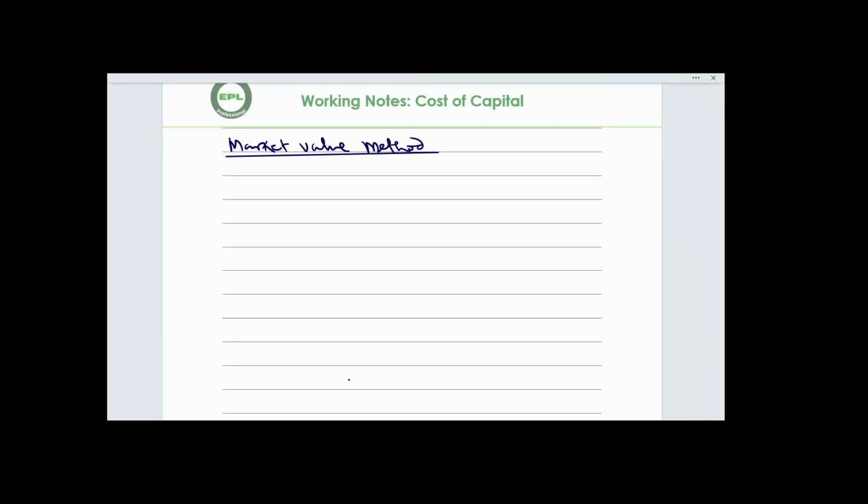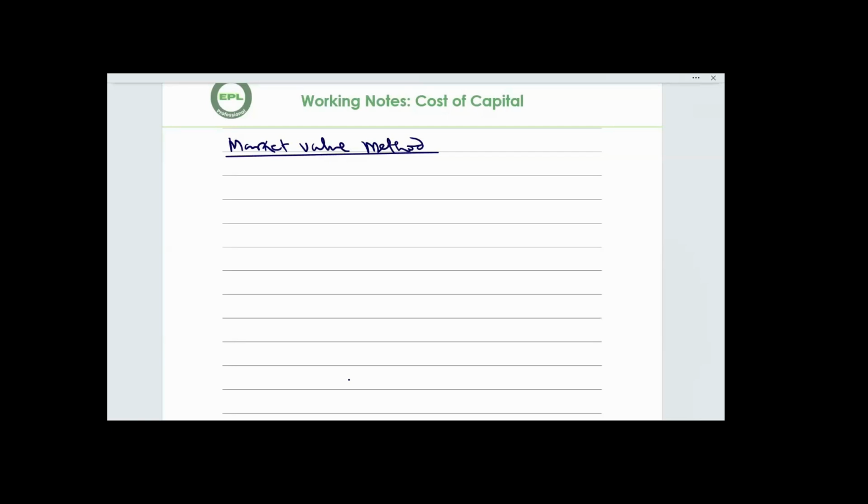That's why the WACC using the market value method will always be different from the book value, because book value is static. What you have in the balance sheet could stay there for several years, provided the number has not changed. But market value changes depending on the prevailing market condition.